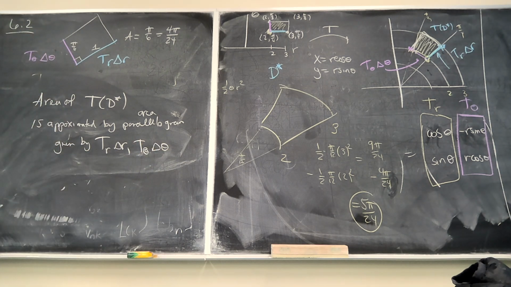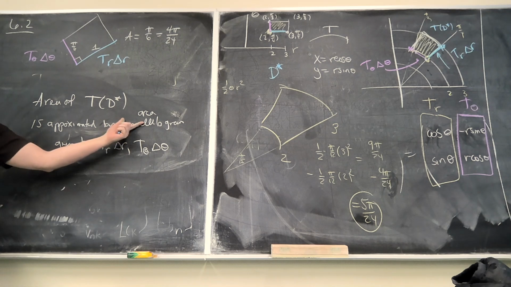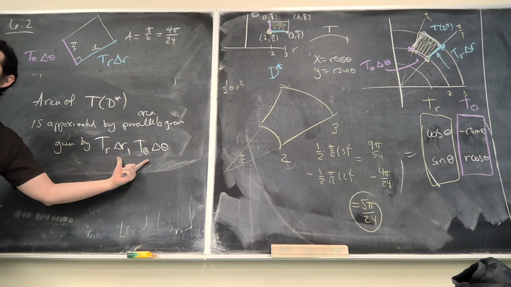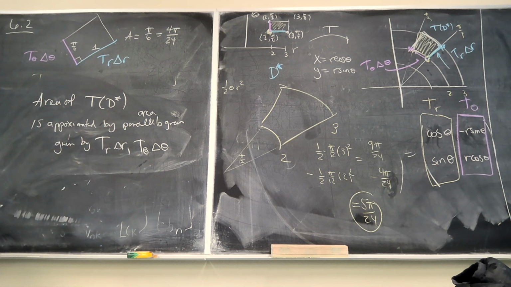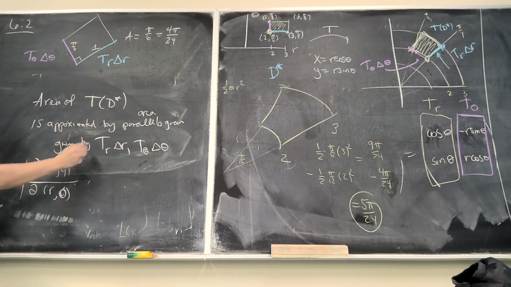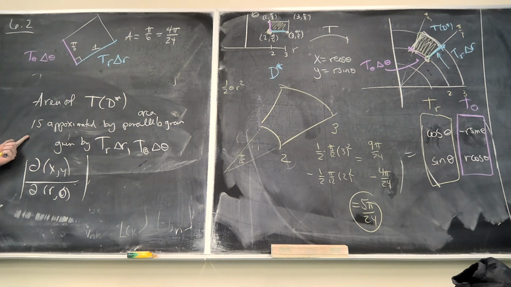That's what the demonstration was, right? The area of this parallelogram is about equal to the area of this one. And then all that the Jacobian identity was, was just a way of computing that area. dx dy over dr d theta is just equal to this area.